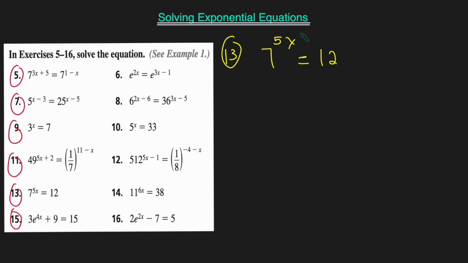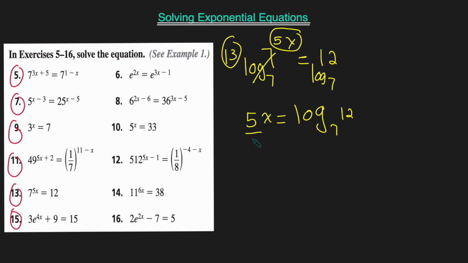To bring the 5x down, I'll have to take the inverse of the base, which will be the log to the same base. And I'll do the same thing here. So that cancels out, and I bring my 5x here, and that will be log base 7 of 12. Divide by 5, and x equals log base 7 of 12, over 5.